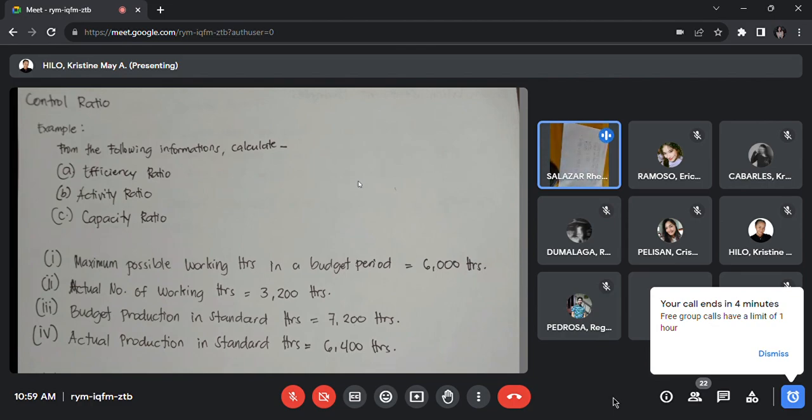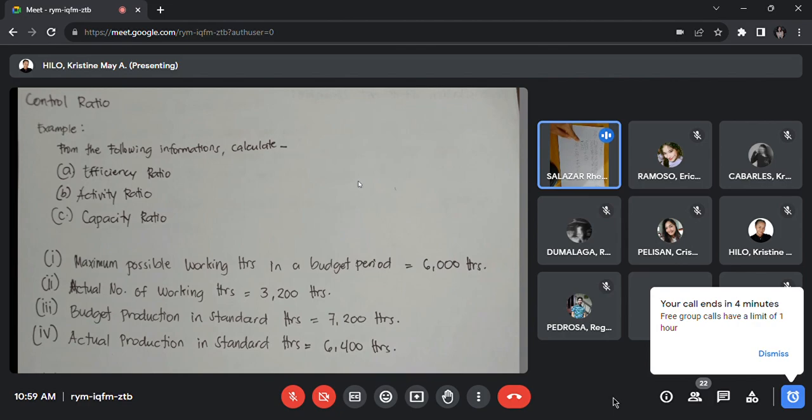Sunod natin i-calculate ang activity ratio. Activity ratio, ang formula standard hours for actual output divided by budgeted production in standard hours times 100. So, standard hours for actual output, 6,400. I-divide natin sa 7,200, ang budgeted standard hours.